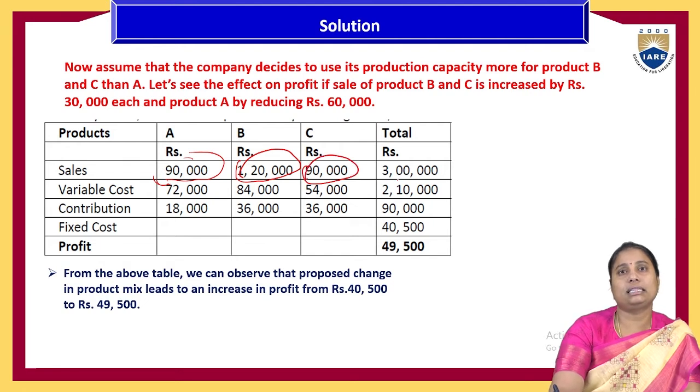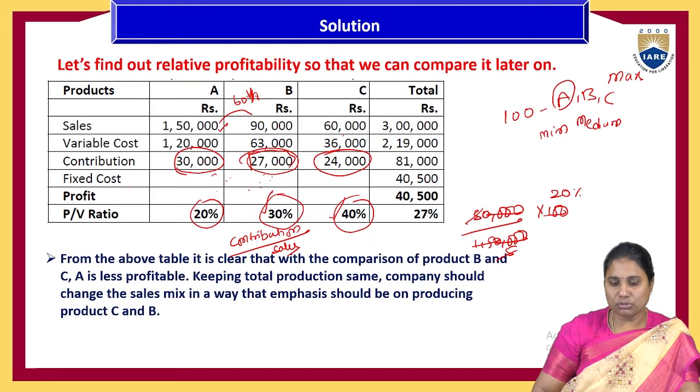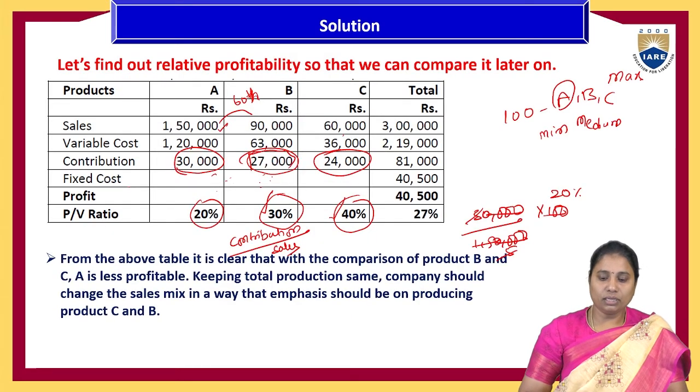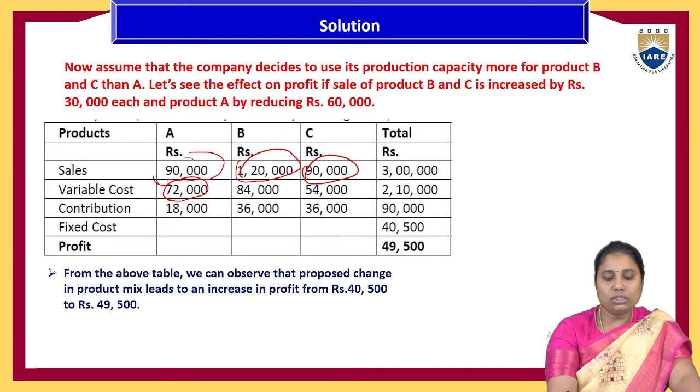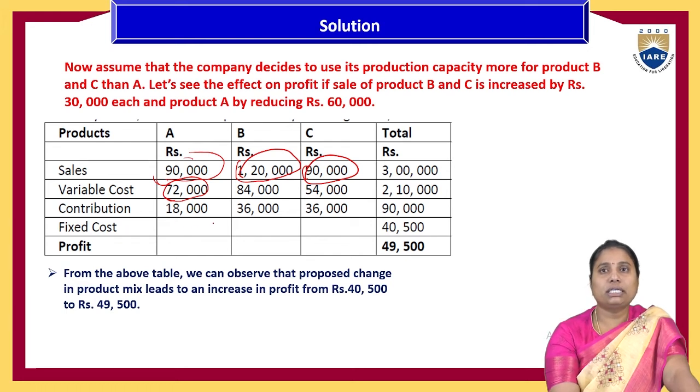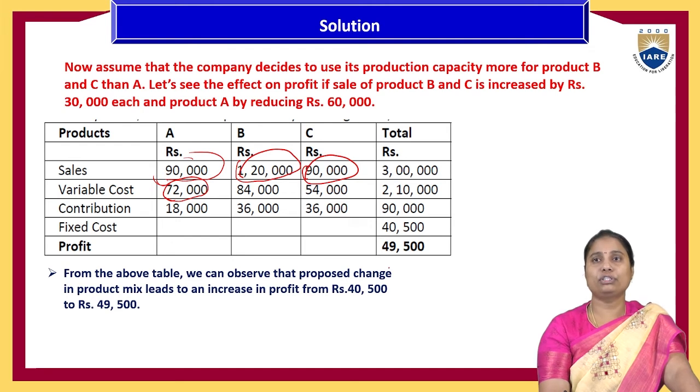The total is 3 lakhs and the variable costs are 72,000, 84,000 and 54,000 respectively with the reduced values, so that the contribution is 18,000, 36,000 and 36,000. The profit level of this organization is 49,500 if we deduct the fixed cost.